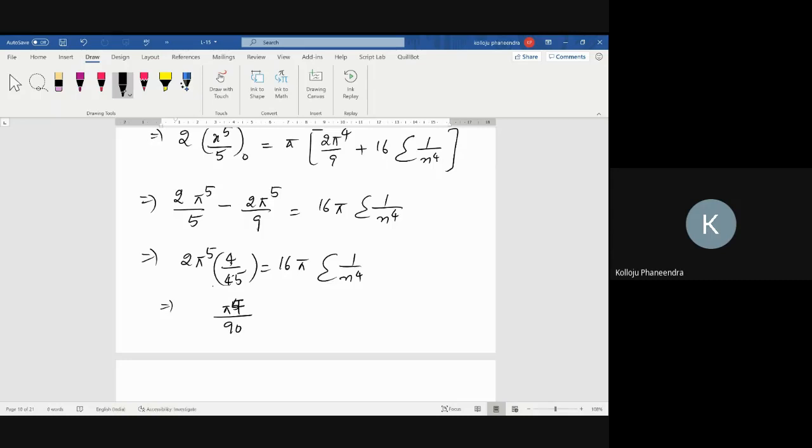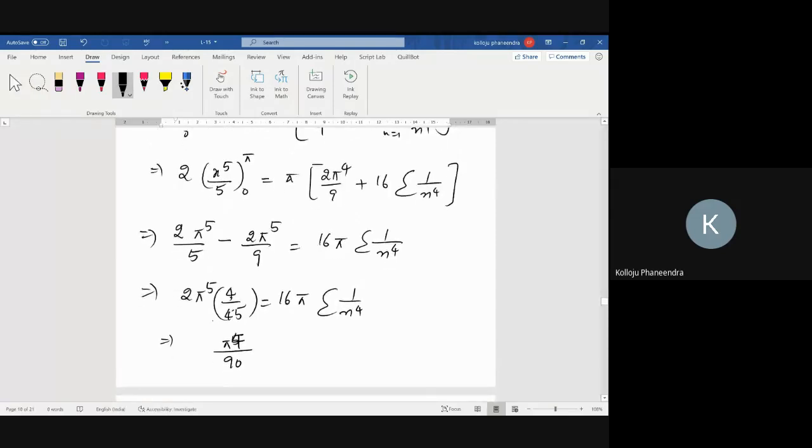I think pi is not there. I think I made a mistake somewhere. Check it. This is pi power 4. Yes, pi power 4 by 90 equals sigma 1 by n power 4.